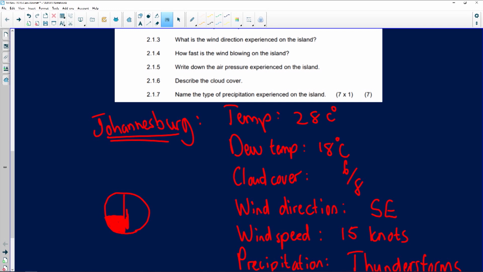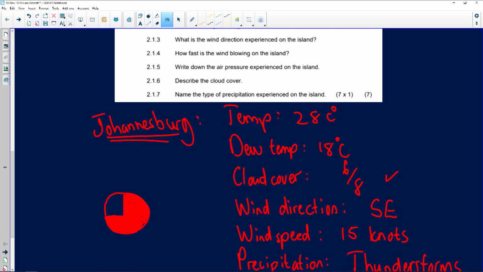Quite interestingly, the instrument that we use to determine cloud cover is our eyes. You can see for yourself how much of the sky is covered with clouds, and you determine the cloud cover. So that's our cloud cover. Finished. We've done it. 6/8.